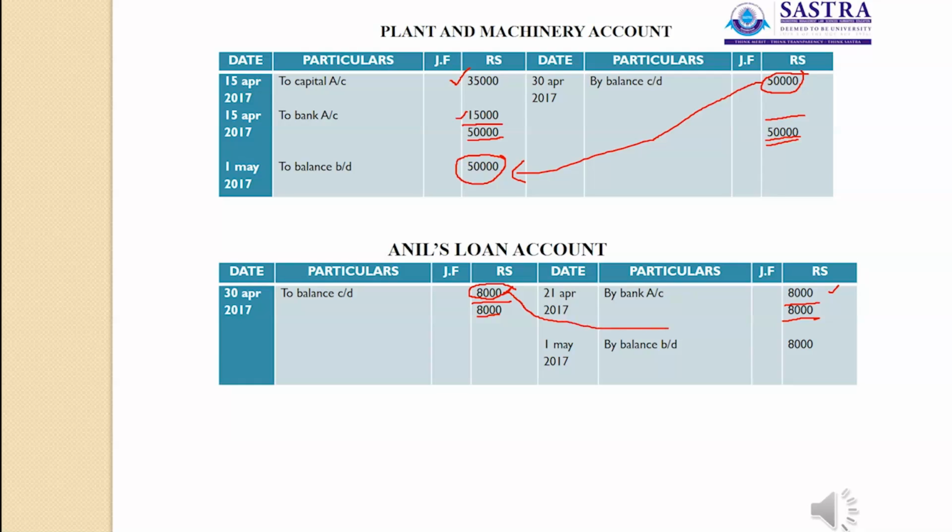Then this amount is transferred to the next month, by balance brought on 8,000.